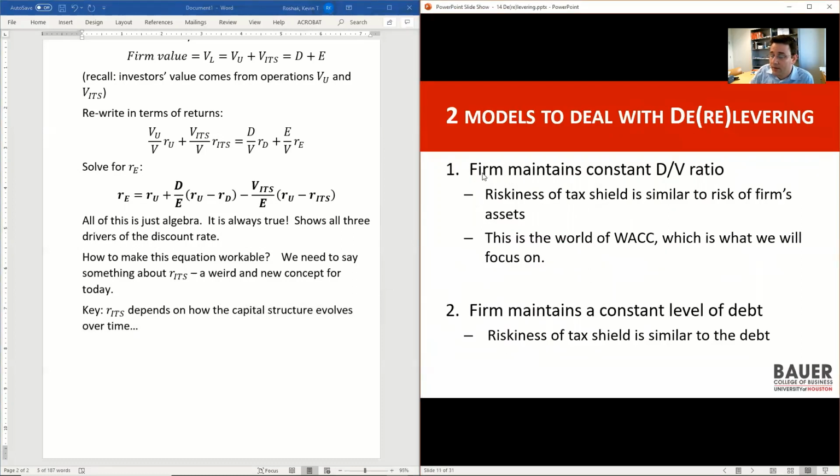The first model we're going to consider, and the main one that we're going to use, the baseline, is a firm that keeps a constant debt to value ratio. So when the company grows in value, the company takes on more debt. So you keep that ratio of debt to value the same. We're going to see that if you do that, the risk of the tax shield looks like the risk of the assets.